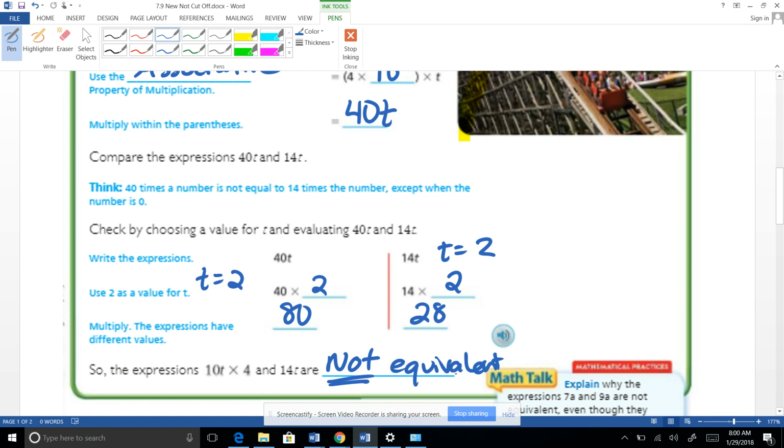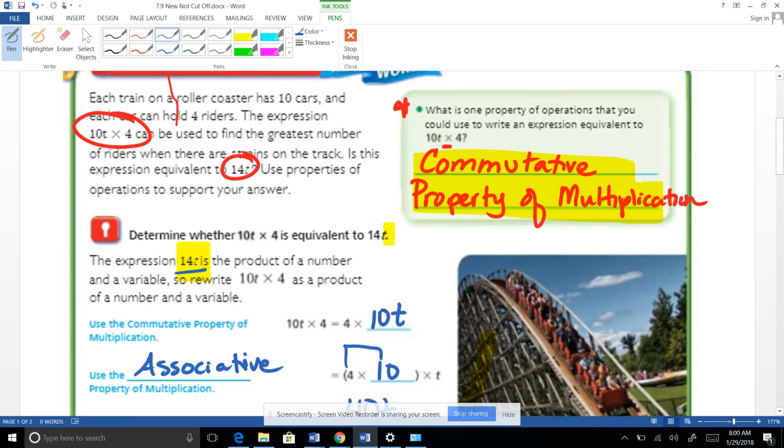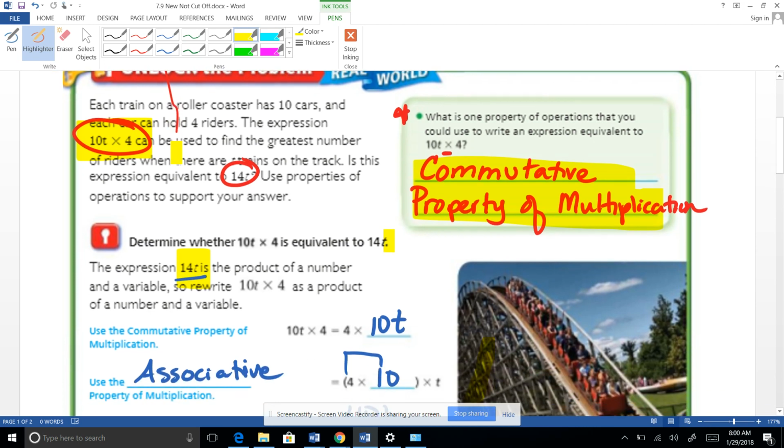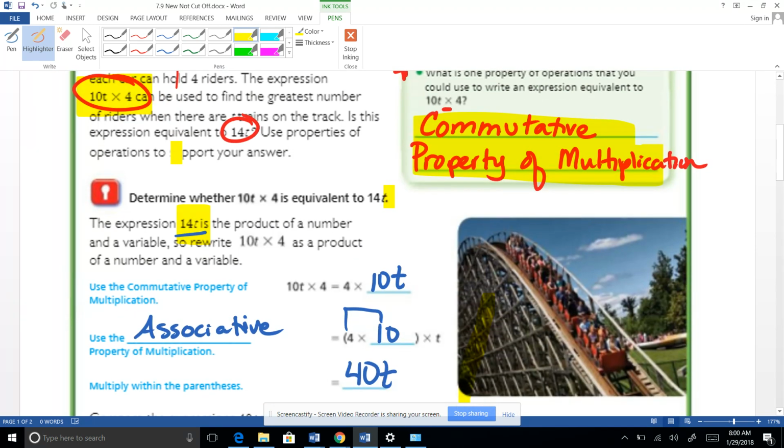Now let's just take a look and slow down what we did. So the first thing we did was go through our properties, and we have an insert for that, so we should really be able to identify, okay, when we have this expression right here, 10t times 4, can we go through and say, does the identity property apply? Does the distributive property apply? Does the associative property apply? And we determined that the commutative property could be used.